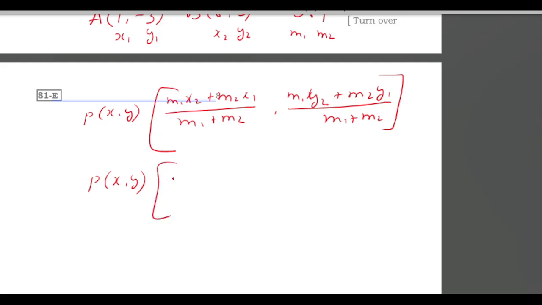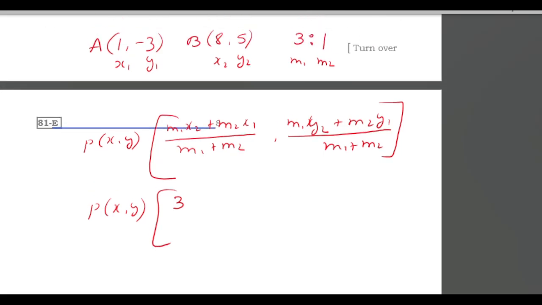m1 is 3. See the values, x2 is 8. So m1 into x2, 3 into 8, plus m2 is 1 into x1 is 1, divided by 3 plus 1, m1 plus m2.